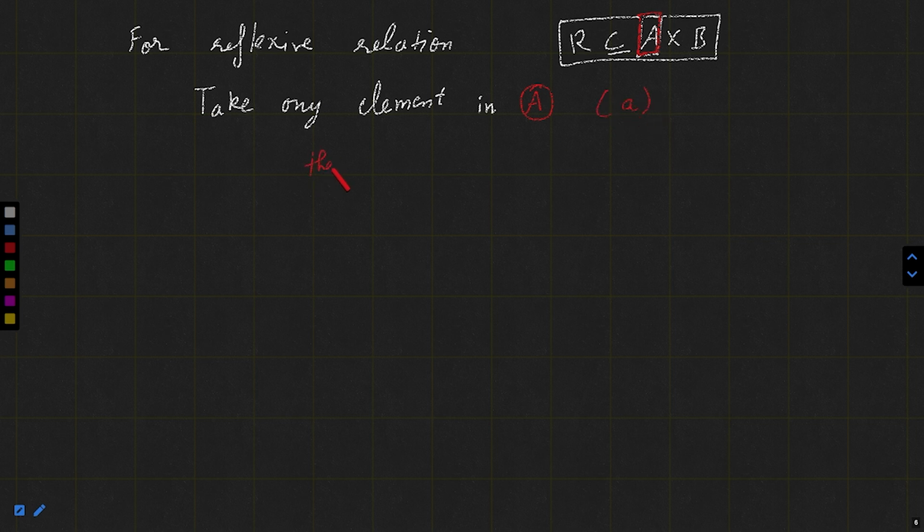Then (a, a) must be in relation R. That means, in mathematical representation, (a, a) belongs to R for every a belongs to A. Okay, so this is our definition for a reflexive relation.